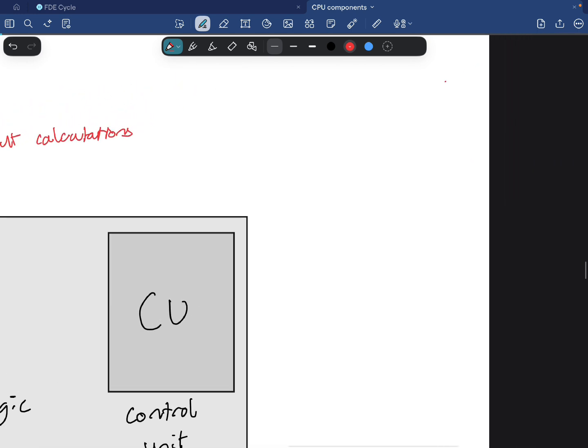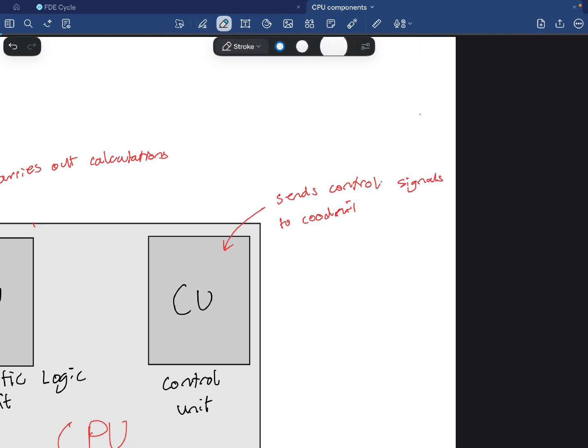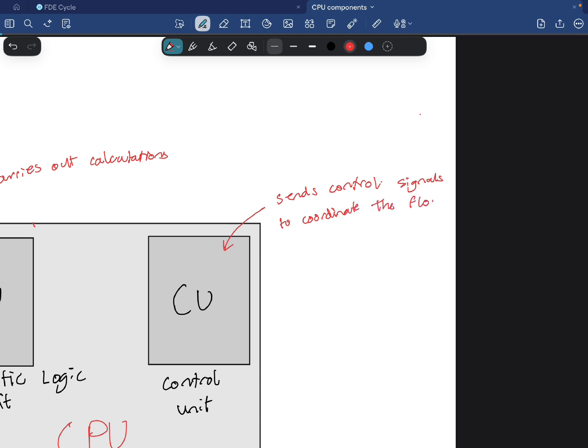Now the control unit, we said that it sends control signals to coordinate the flow of data within the CPU.